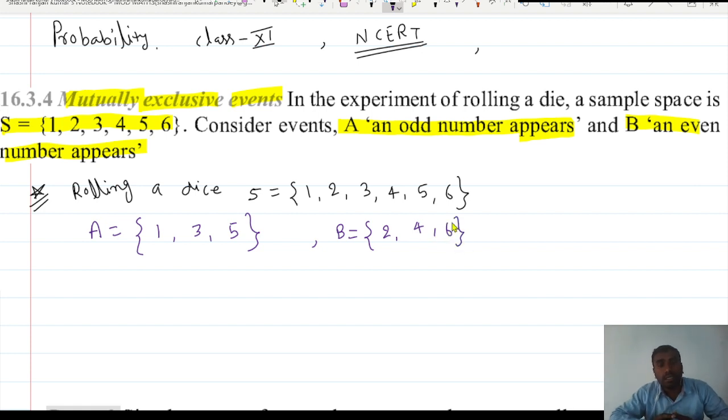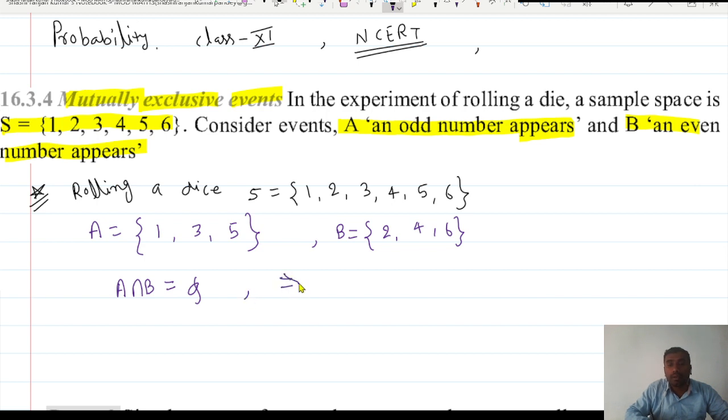Now can you see any common element between A and B? No, because in an even number no odd number can be there. So you can see clearly that A intersection B is the empty set.